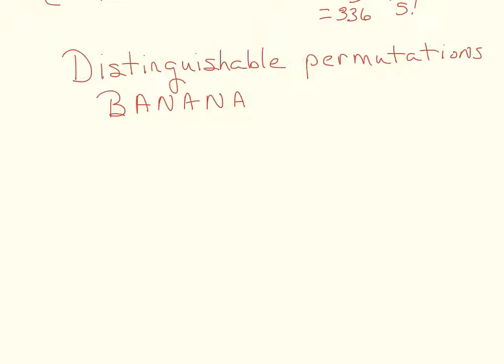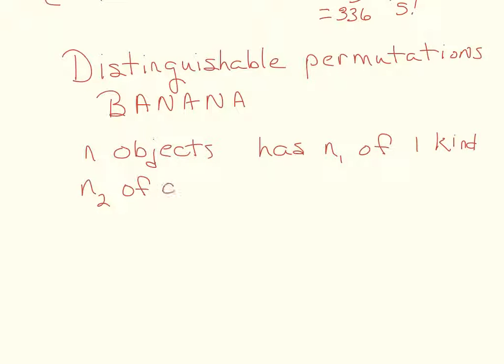So the formula for distinguishable permutations, if you have n objects, in this case we have 1, 2, 3, 4, 5, 6 letters, and it has n1 of one kind. In other words, we have 1 B, n2 of another. Here we have 3 A's, n3 of a third.